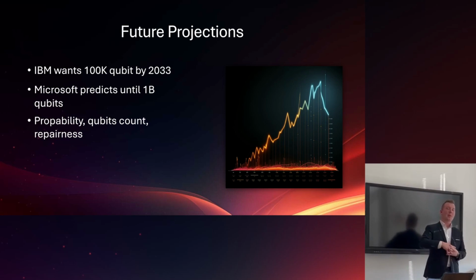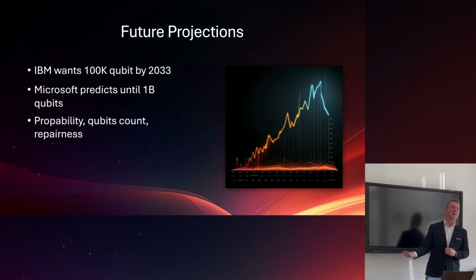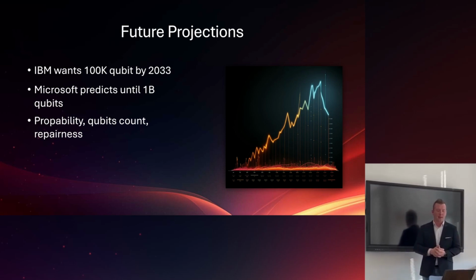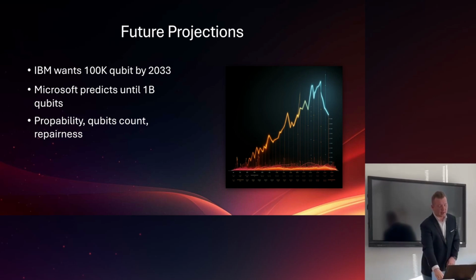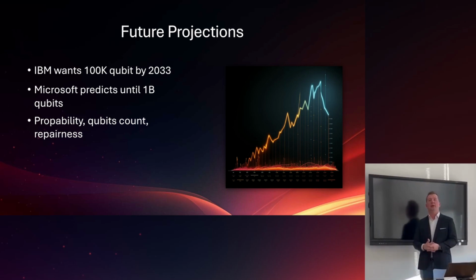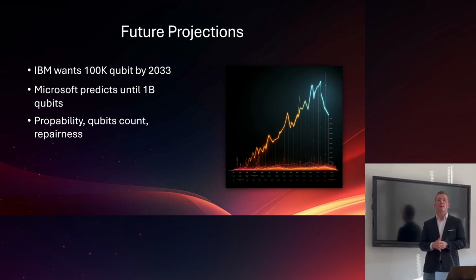But if you have too many qubits, it might be 30% or 20%, which is not much, right? So you have to get the balance between few qubits but the highest probability. They're working together, and then the repair part, where you can repair all those negative probabilities with error handling algorithms and stuff.